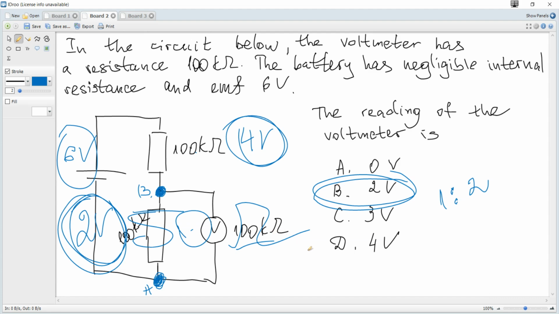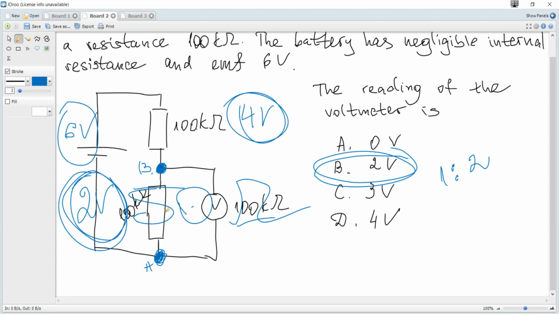Or you may find 50 and then find total resistance 150, 6 volts divided by 150. You can find what? Current, but notice that it will be current, and we know that current is the same in series, so it will be current through the battery and up to point B, up to this parallel junction.